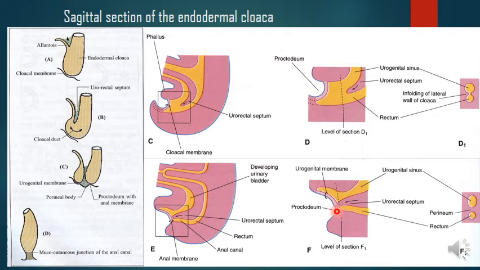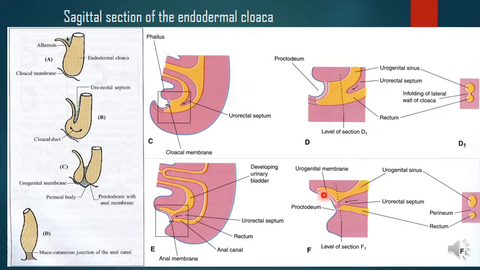What are they? One is the anal pit or the proctodeum. This one is called the anal pit or the proctodeum, and this is the urogenital membrane in the anterior part. This is also called the primitive urethral groove or primary urethral groove.